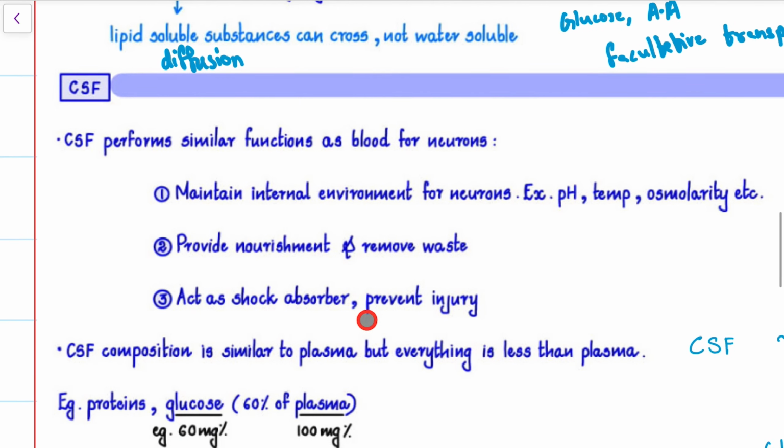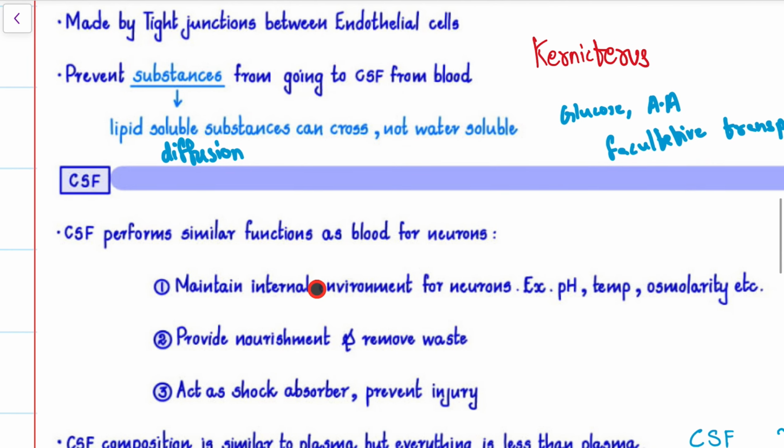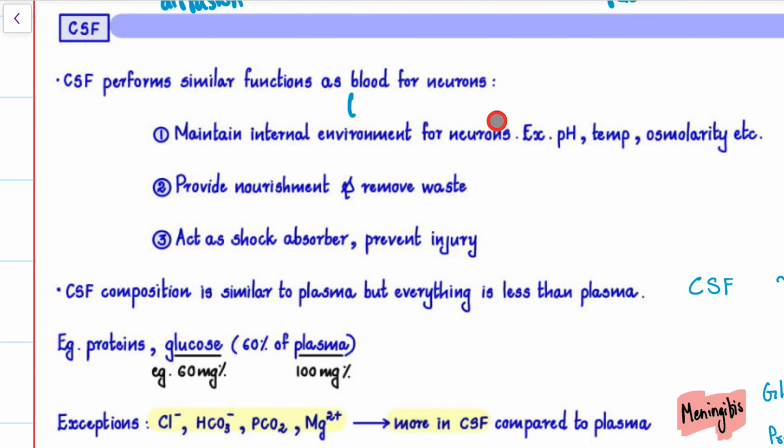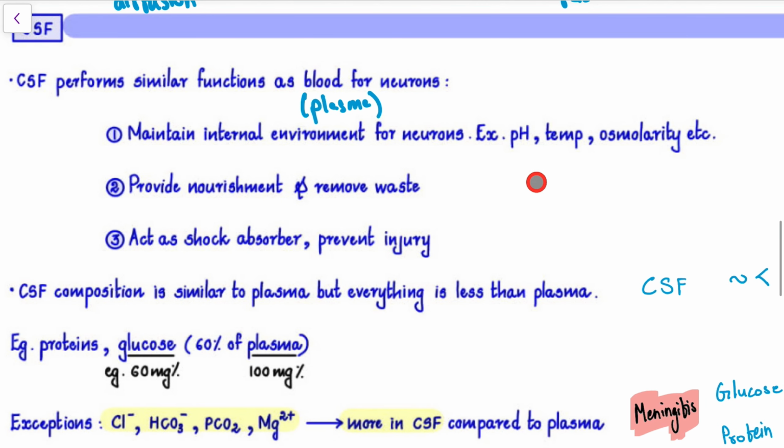Okay. Now what is the CSF? That is the cerebrospinal fluid, and it performs a lot of similar functions as the blood, I would say. Not specifically blood, more specifically the plasma. It maintains the internal environment for the neurons, which is the pH level, the temperature, and the osmolarity, and provides nutrition and removes the waste also.